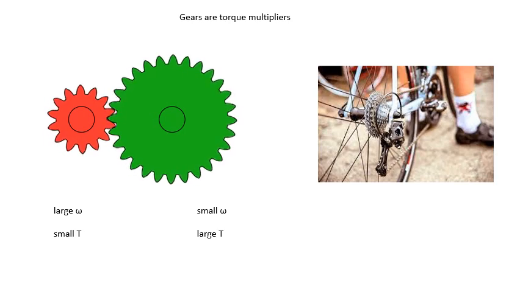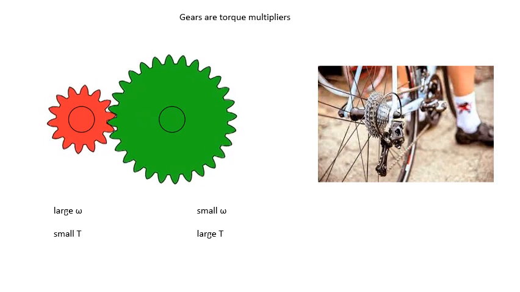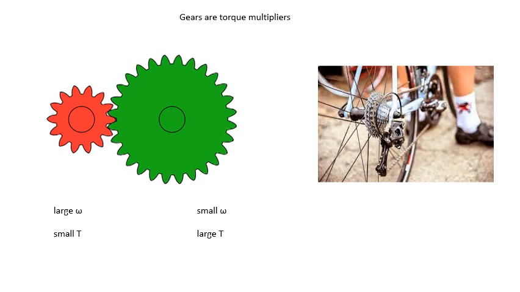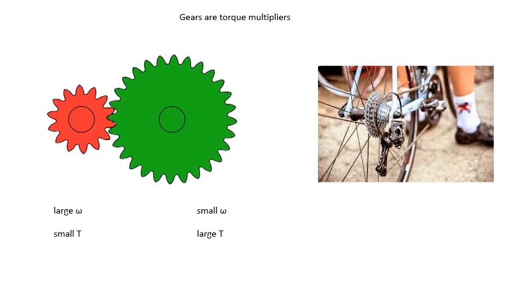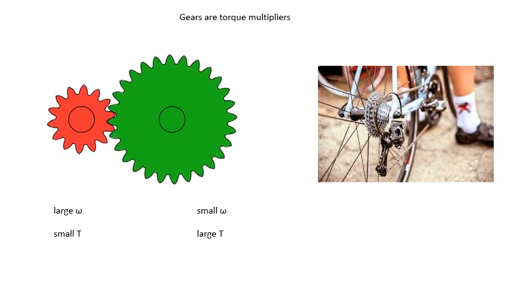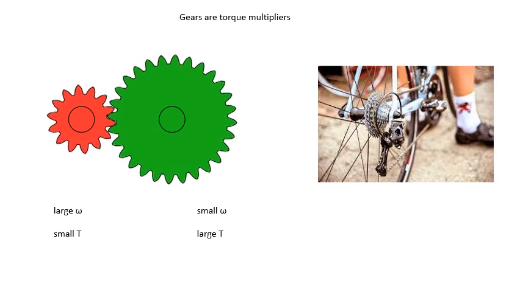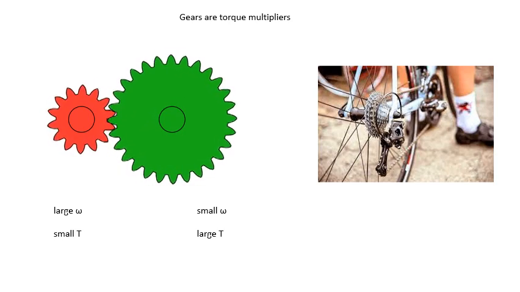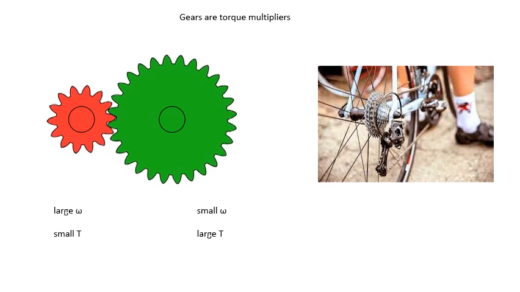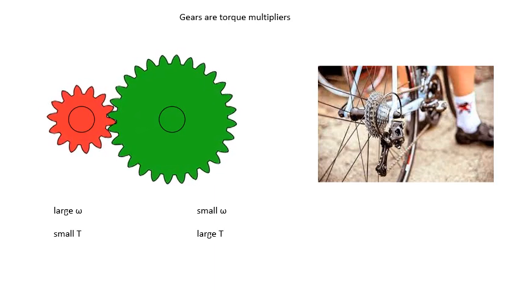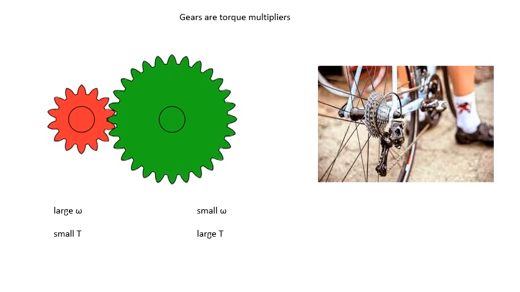The big gear turns around much slower, but the torque is larger. And then depending on how fast the wheels are going, you can change gears on a bike. So power in equals power out. So T omega on that side equals T omega on that side, ignoring any friction between the gears, that is.